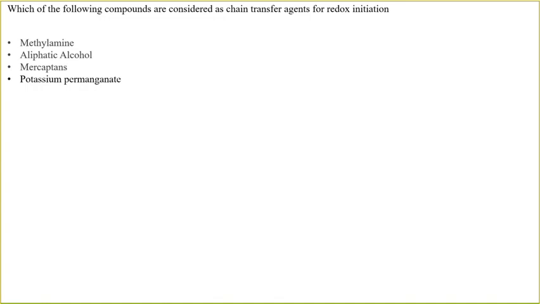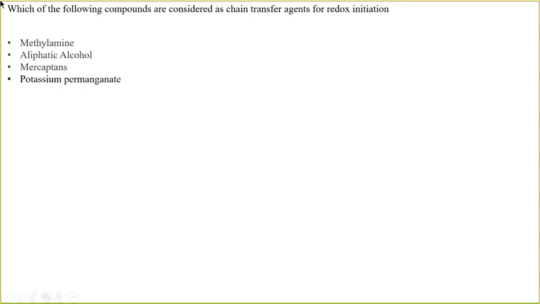Why is this required? When you want to control the rate of polymerization and the molecular weight of the polymer formed, this is a very good way to control it, as you won't let the chain propagate to a very high molecular weight, and you can just transfer the activity to another monomer.